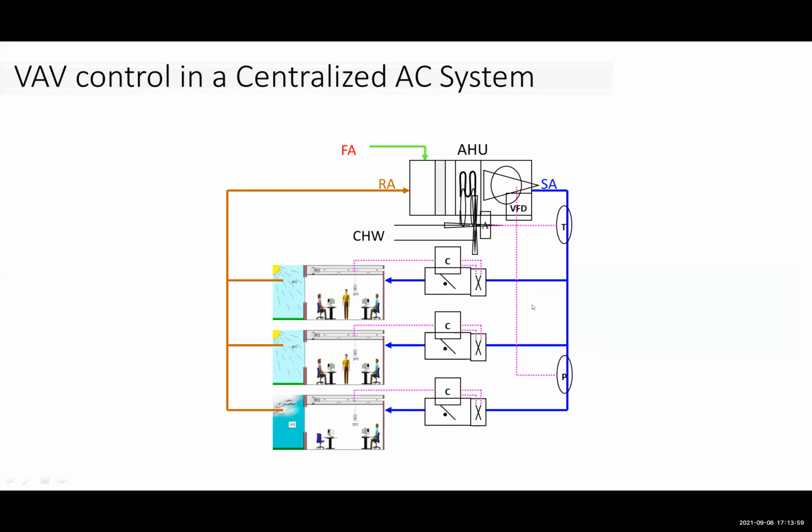So which means these need to be commissioned properly, and we have to go back to the system again once the occupancy happens. Because normally a building, when it's commissioned, may not be fully occupied, so the set points may be different, and the performance of the equipment may be different.